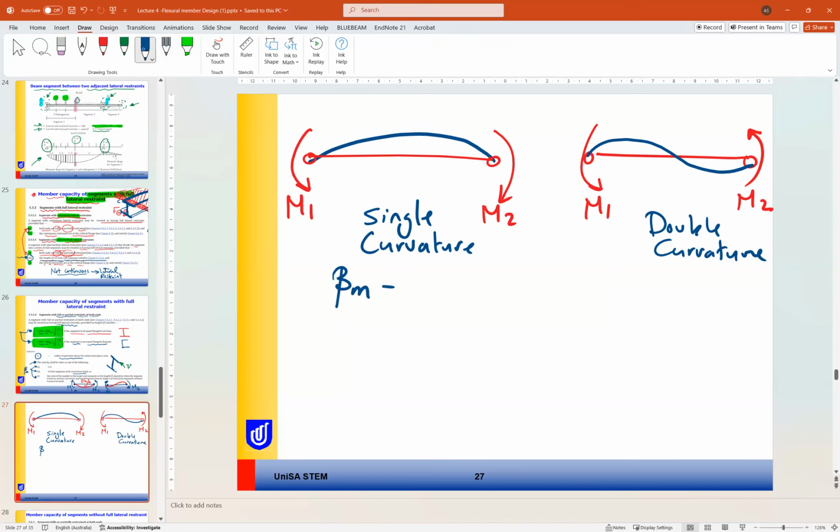So beta m here equals, beta m here equals. Can you help me in a few? Do you remember this part or this value of beta m? Beta m is the ratio between what?